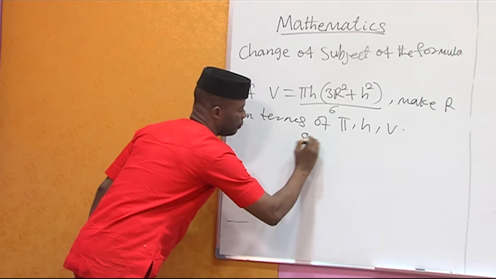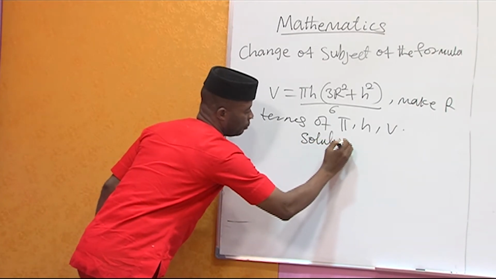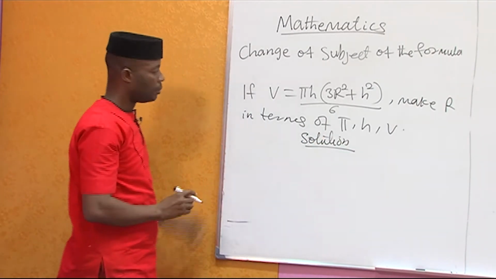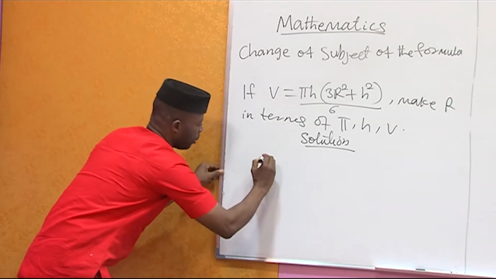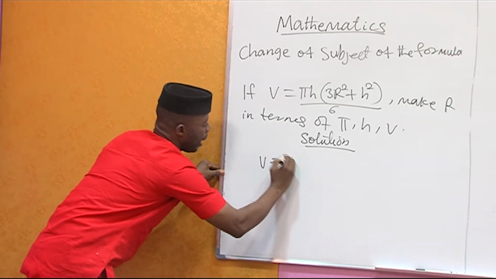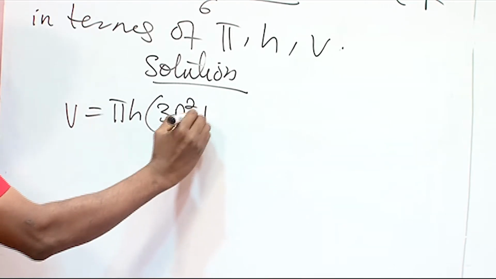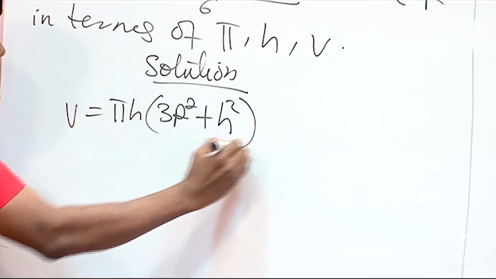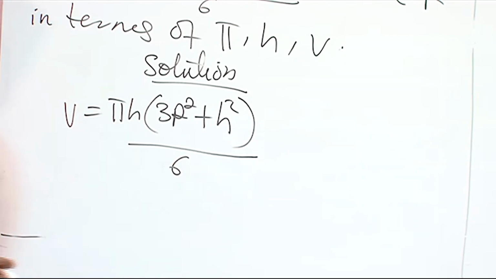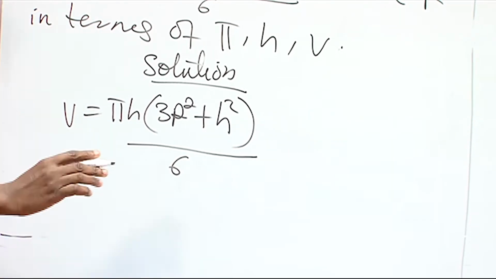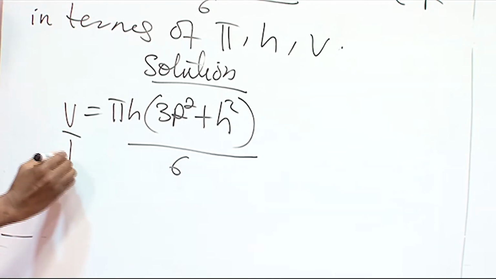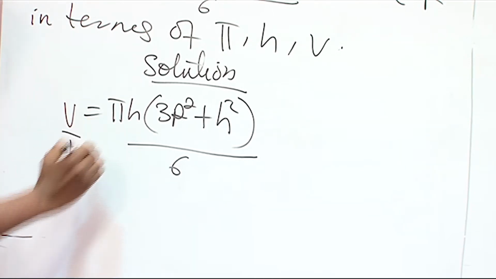Solution. We bring the question down. V equals pi h bracket (3 capital R square plus h square) divided by 6. Cross multiply, because this is over 1, to balance it.